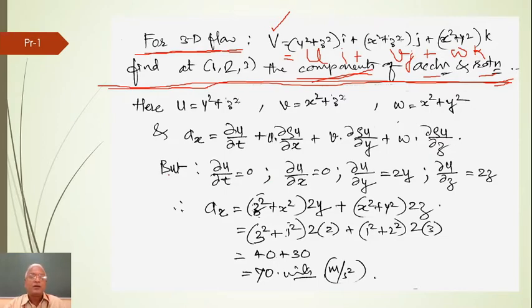But here, as u is not a function of time, so to say, dou u by dou t is equal to 0. u is given here, dou u by dou x, there is no x term, it is equal to 0. Dou u by dou y, it is 2y, and then again dou u by dou z is 2z. So because I know u as this, I can work out all these components.